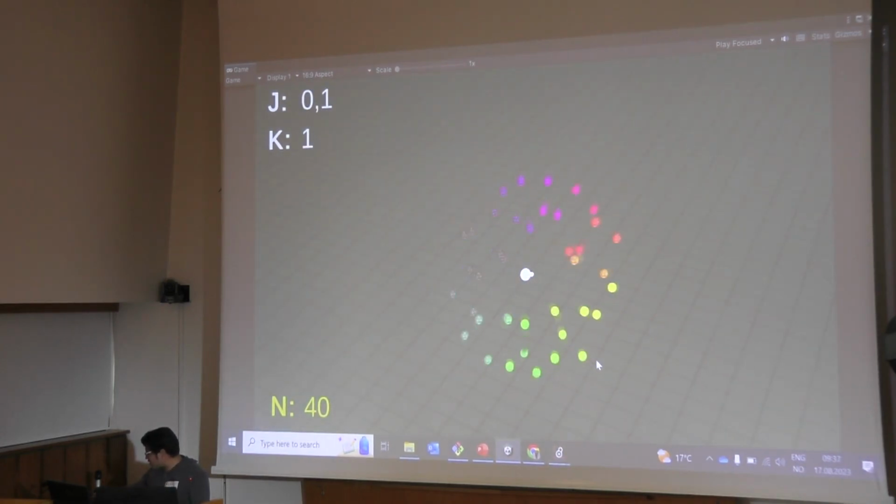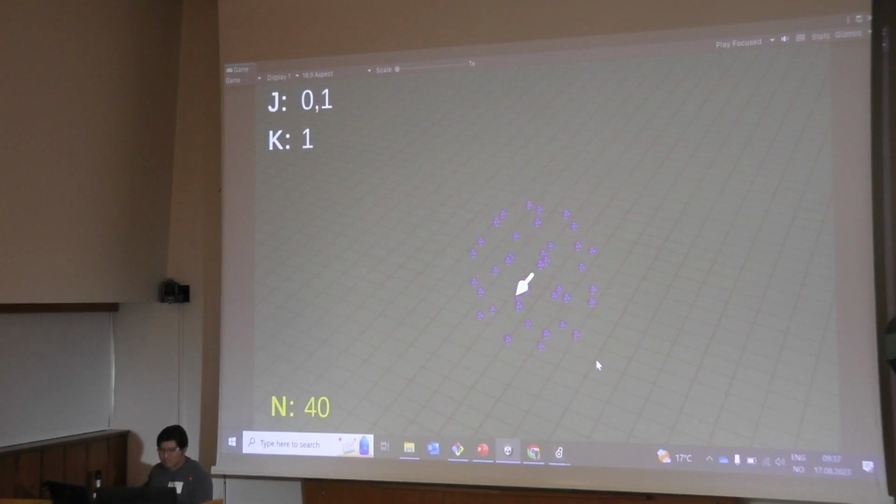Or synchronized. And they are synchronized. So if I add more of these agents, they are randomly assigned a random position and also a random phase. So they are going to be influenced by the other ones, and they are going to synchronize.